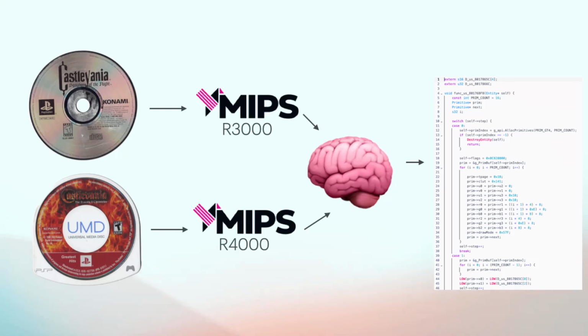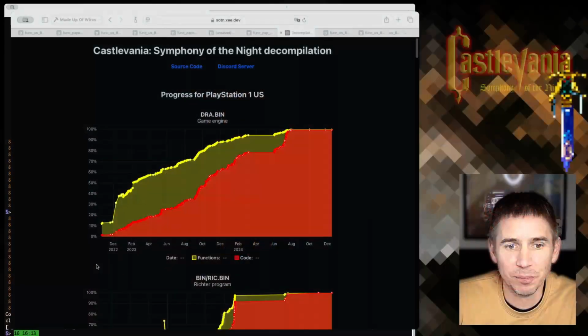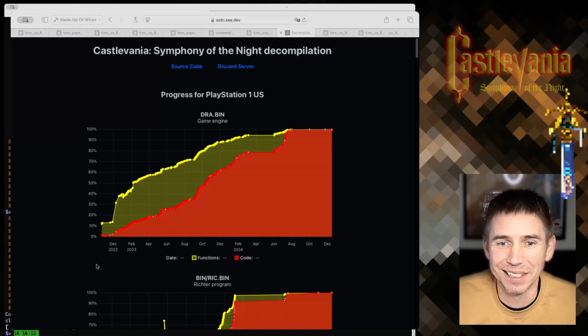And when we get back to the source code, we want to be able to go in reverse and do the same thing that the original did, compile that and get exactly what was shipped on the disk back. So that's what we're doing on Symphony of the Night.